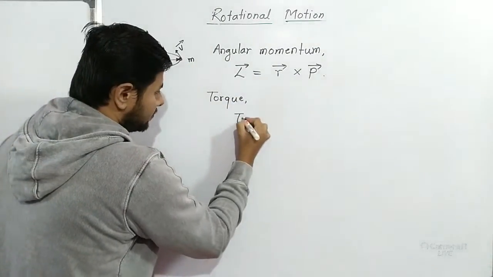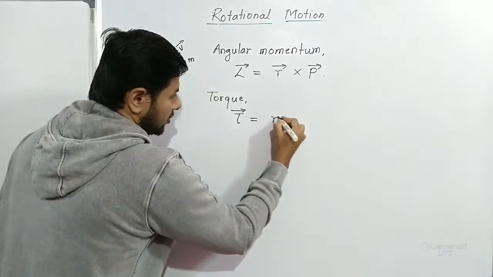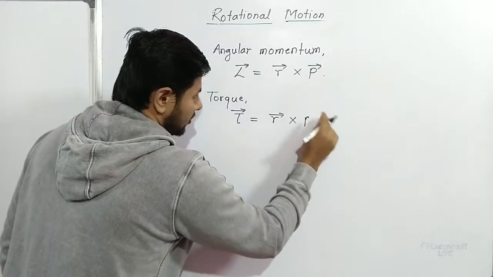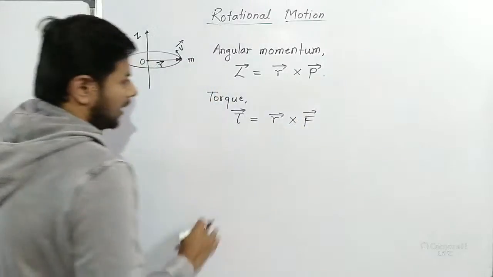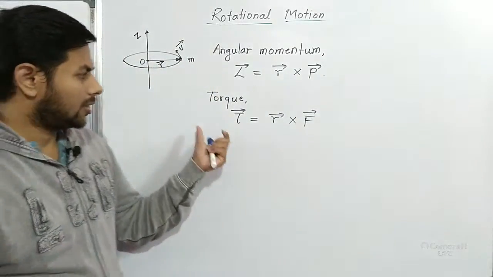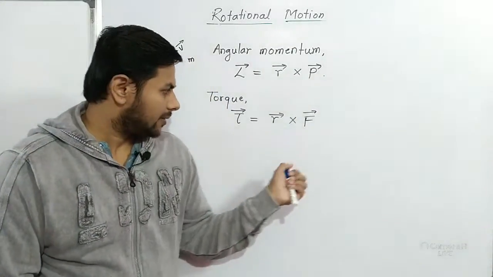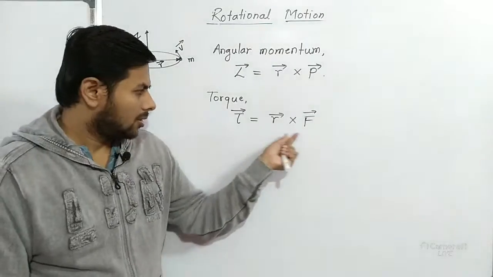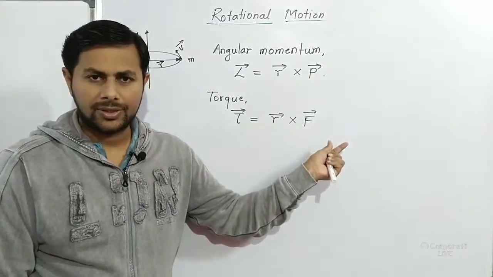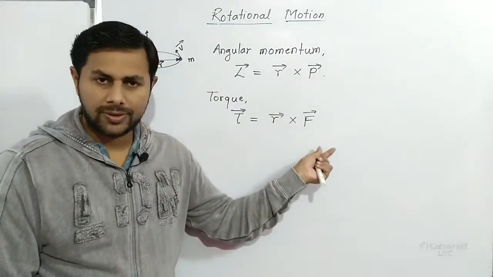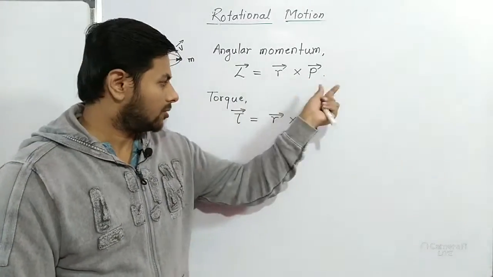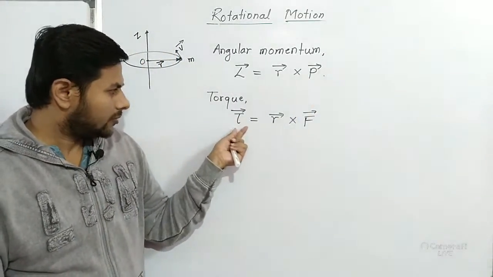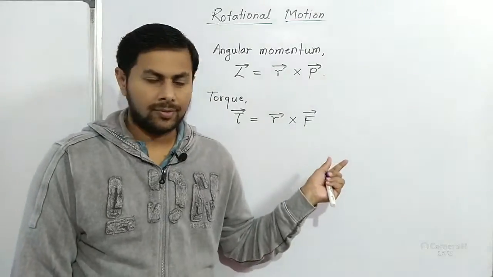So tau equals R bar crossed with F bar. Suppose there is a force F acting on this body. Torque is R bar crossed F bar, and since it is R times F, it is known as the moment of force. This is the moment of linear momentum, the angular momentum, and torque tau is the moment of force.